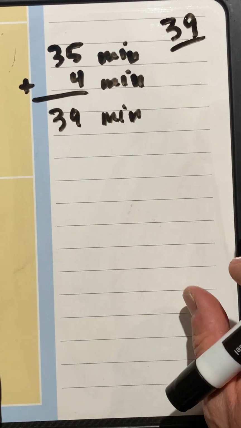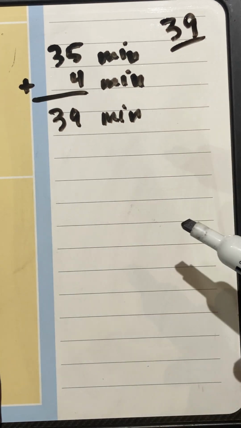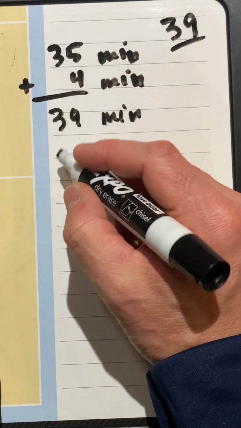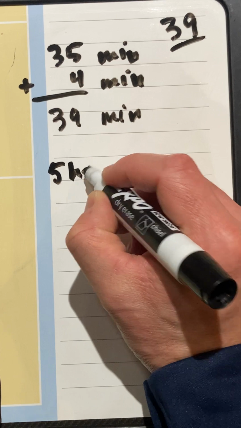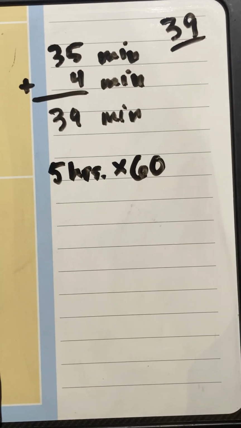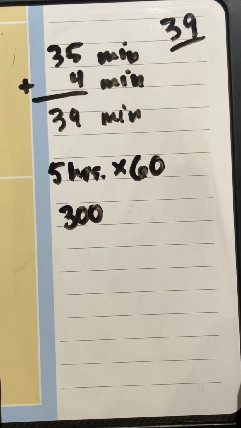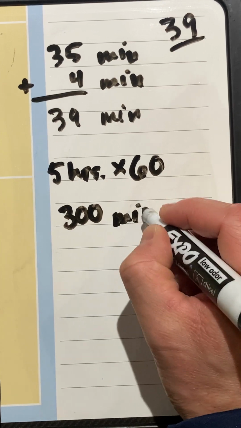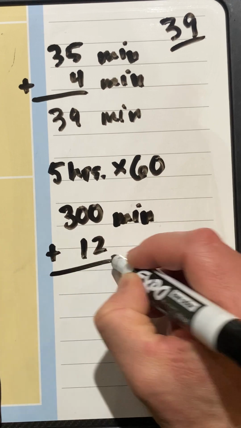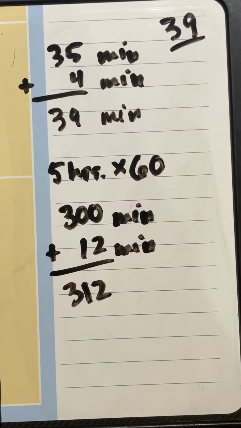Now, in order to do this division, we have to do some converting. We have to convert 5 hours and 12 minutes to minutes. So we have to take the 5 hours and multiply that by 60. So 5 times 60 is 300. And that 300 is minutes, plus the 12 minutes. So 312 minutes.